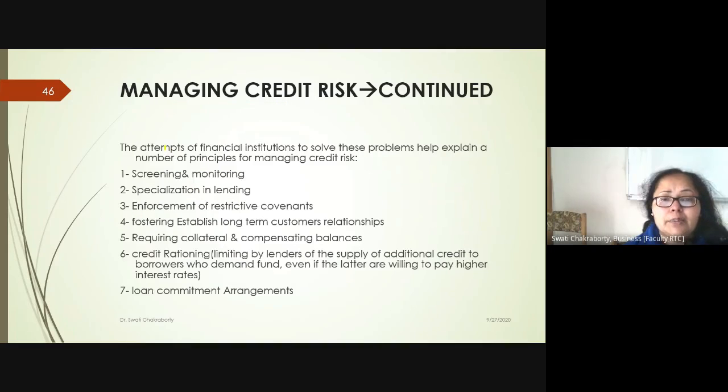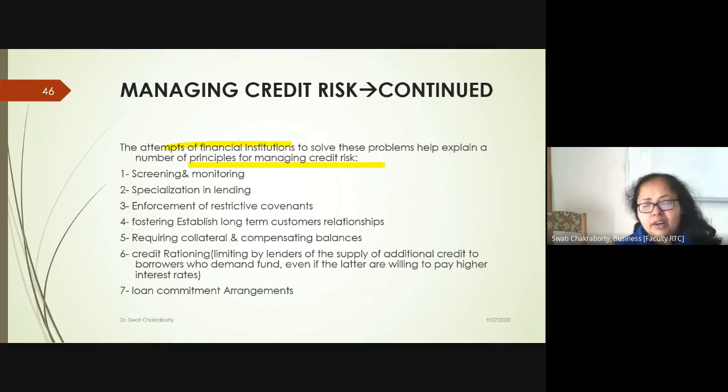The attempts of all the financial institutions to solve these problems help to explain a number of principles for managing credit risk. These are principles which banks or any other financial institutions can follow to address the credit risk problem.